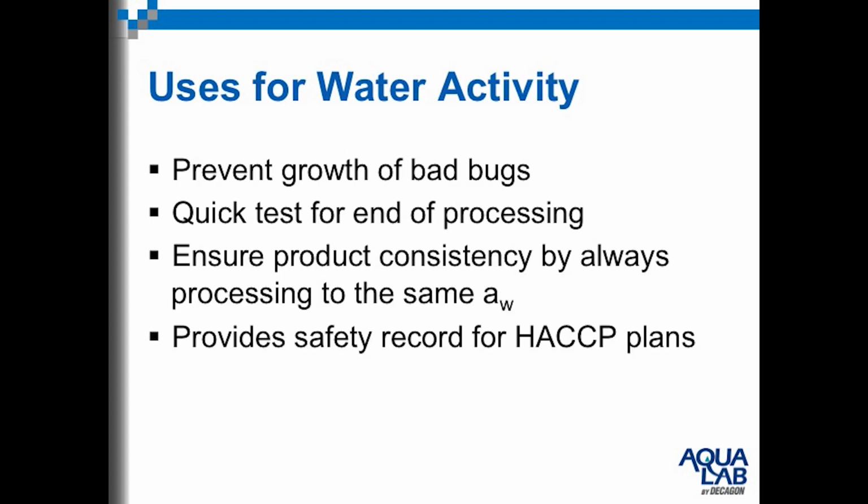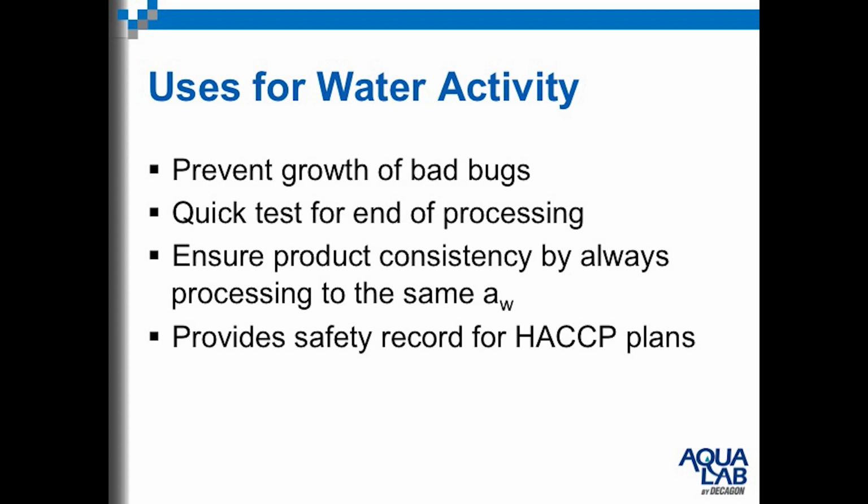So what can you use water activity for? You can use it to prevent the growth of bad bugs or bad organisms that are going to spoil your product and cause it to be unacceptable, or even to cause sickness in the consumers. So it's an excellent tool for assuring the safety of a product, and a tool for verification of critical control points for HACCP plans.